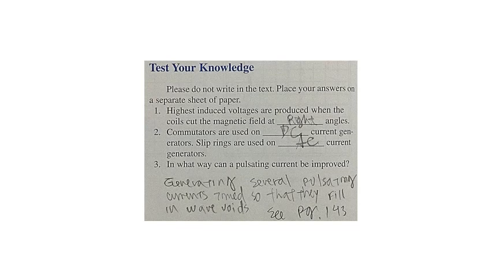Number 3, in what way can a pulsating current be improved? Generating several pulsating currents timed so that they fill in the wave voids. Number 4, what does the strength of the induced voltage depend on?